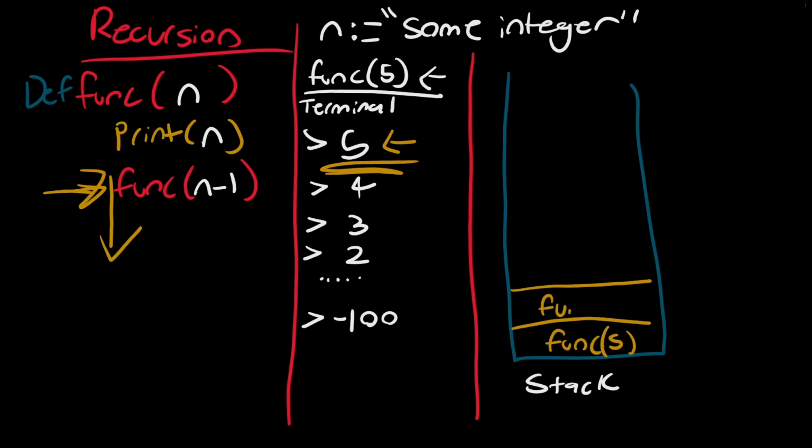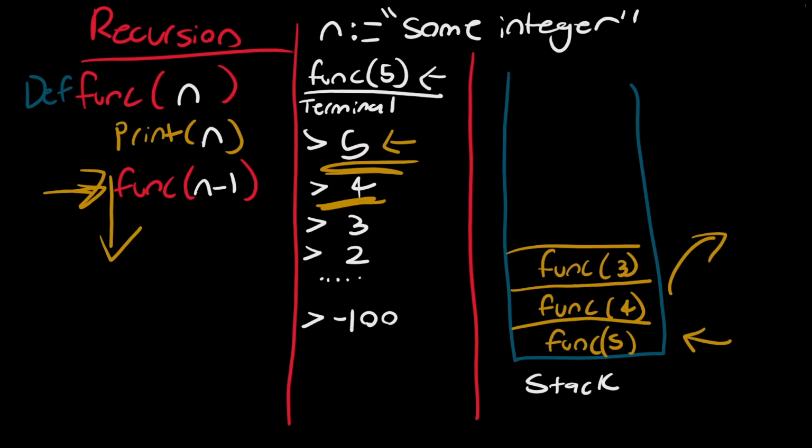So we do func n minus 1, which is 4. Then we see the print statement, and we keep adding this on and on. This is useful for things like, what if we needed some sort of sorting step at this stage, or we need to run some sort of subroutine. The idea is that after it's finished, this gets popped out, and then we can start back evaluating the rest of this function over here.